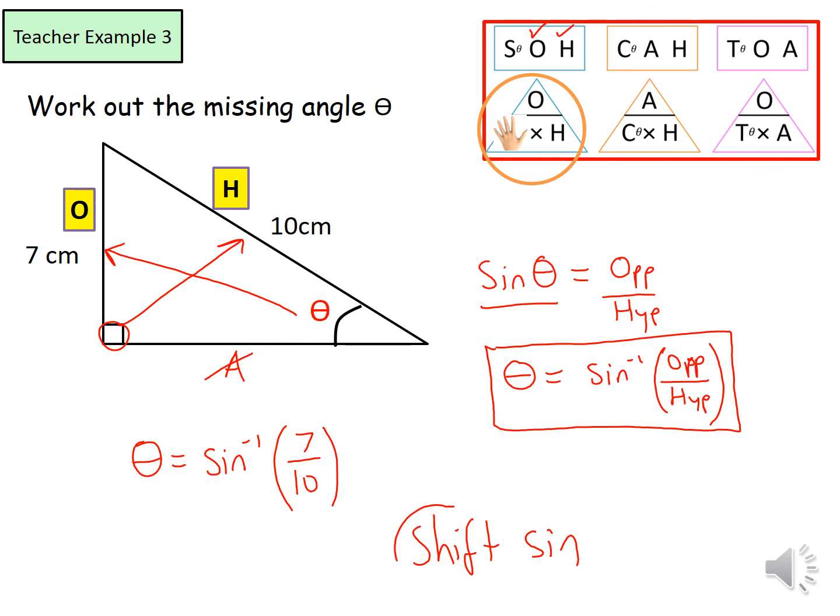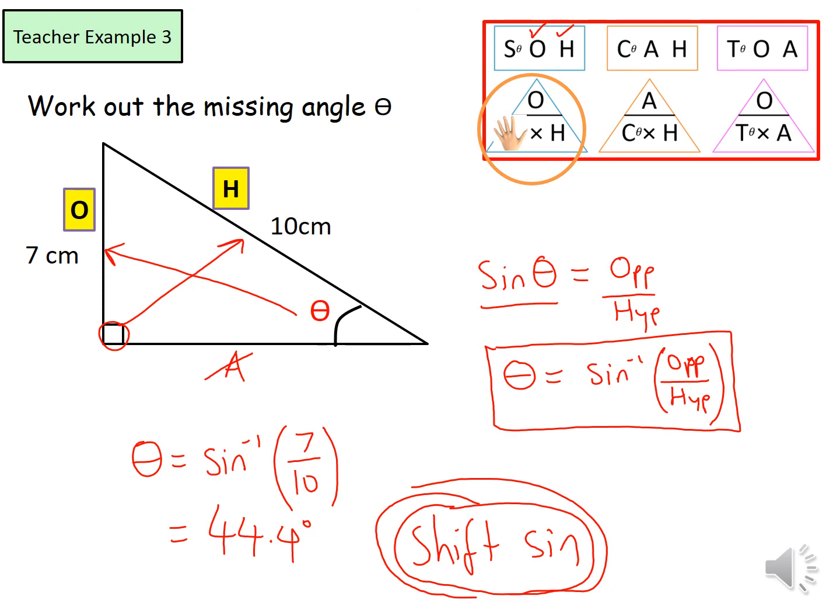Then you should get an answer of 44.4 degrees. Please make sure when you use inverse sine or inverse cos or inverse tan later on, you use shift first and then the trig function.